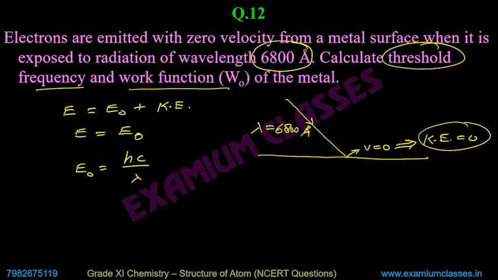You need to just substitute the values. So E naught will be equal to E, and E is hc by lambda here. h is 6.626 into 10 power minus 34, c is 3 into 10 power 8, lambda will be 6800 into 10 to the power minus 10 meters.